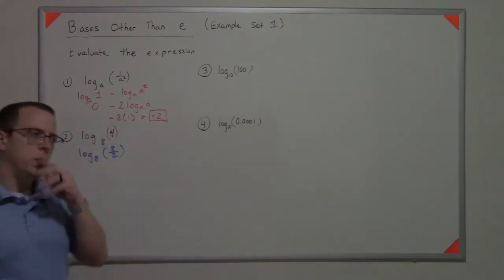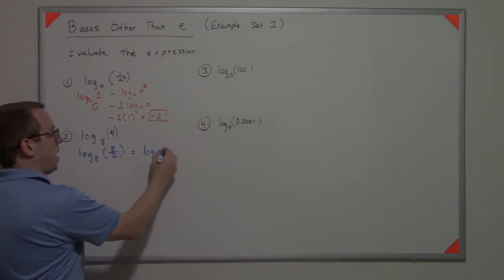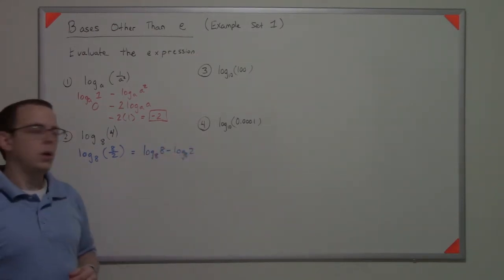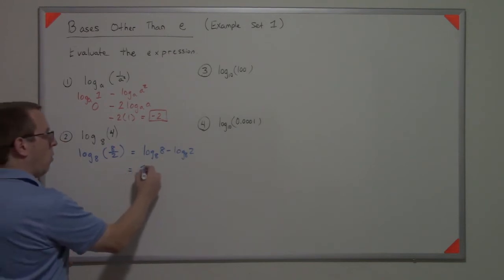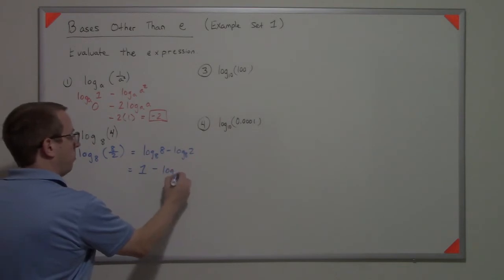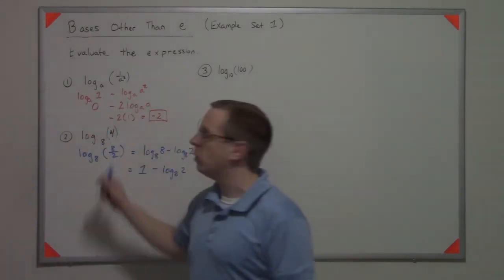Then I can say that's log base 8 of 8 minus log base 8 of 2, which gives me 1, because the base and the argument agree, minus log base 8 of 2. You might think that's not any more helpful than starting with 4.